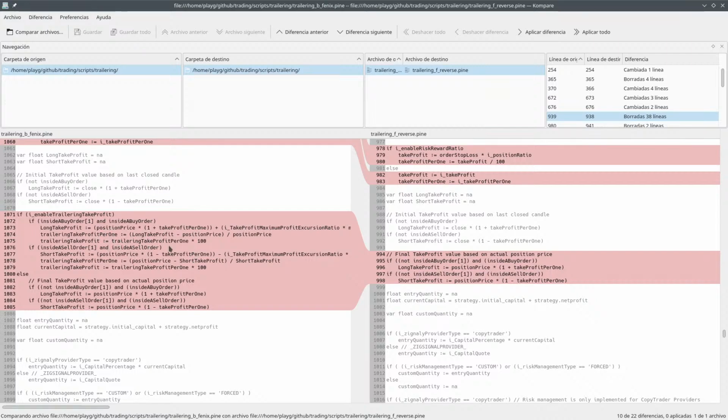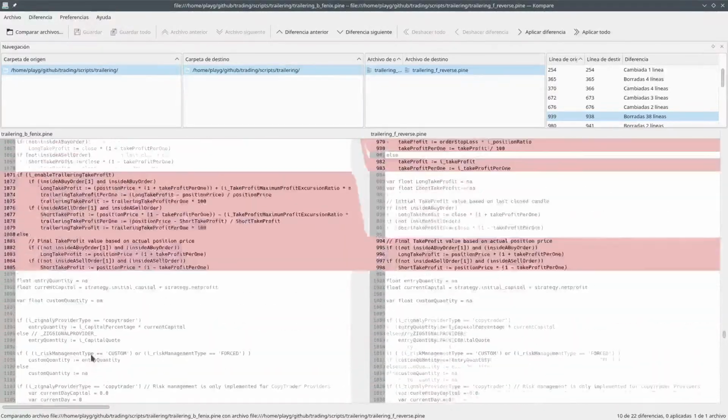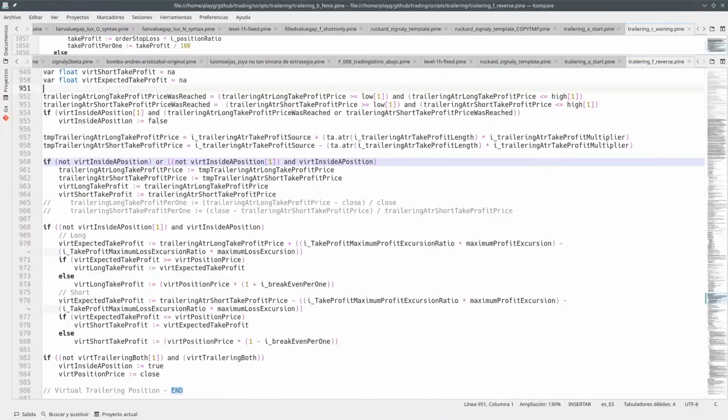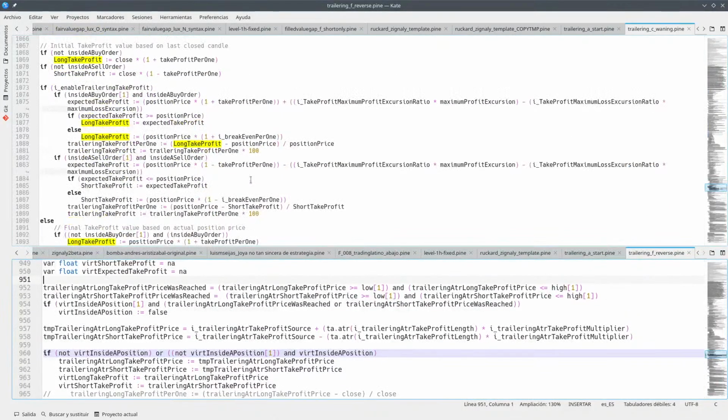Yeah, this is the take profit. Wait a moment. So either this is wrong, or I'm copying it from an older version which had not the right code. Let's take a look here. Maximum profit excursion. If you were not inside the buy order, and then you are in a sell order.